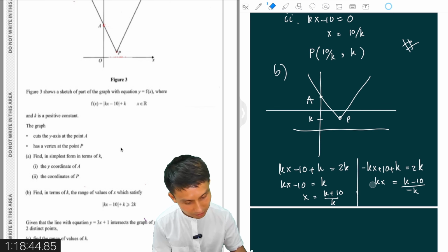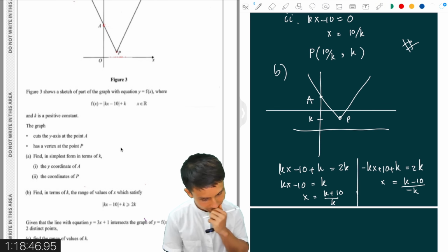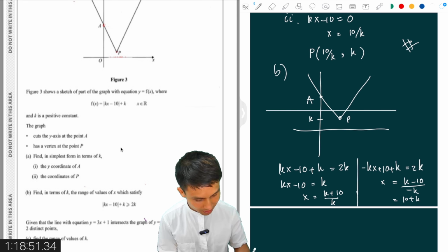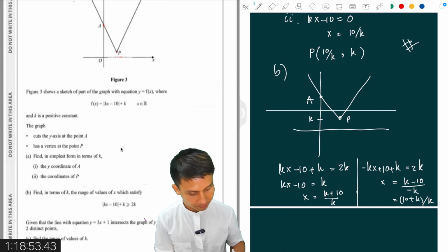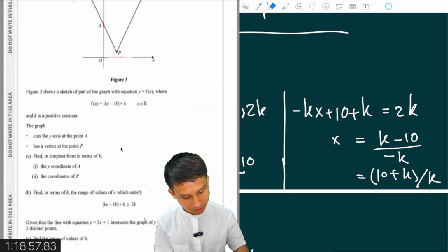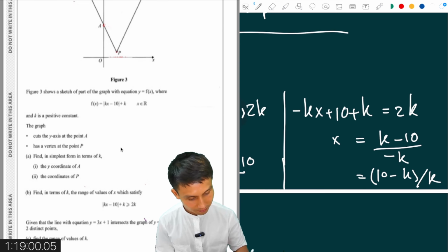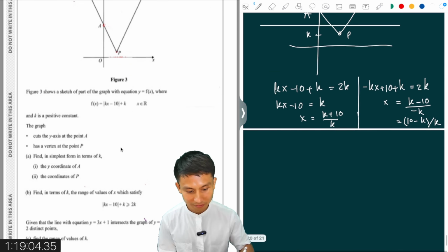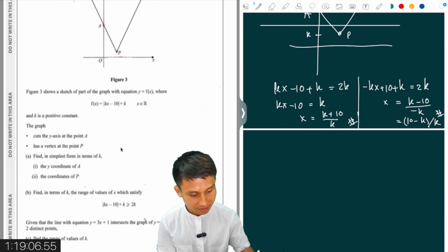So if I make x the subject there, it's 10 minus k over k. All right, so I think I'm happy with those two x's.